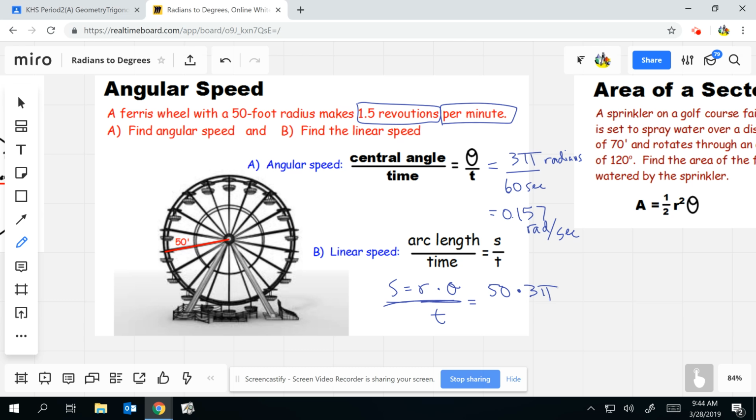So it's 50 feet, 1.5 revolutions, which is 3 pi radians, divided by 60 seconds. So let's take our calculator: 50 times 3 times pi, and then divided by 60. 7.85.